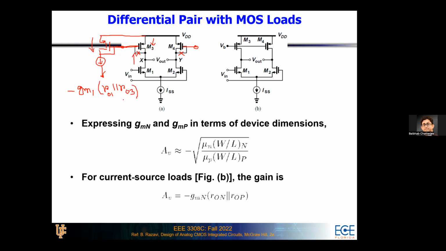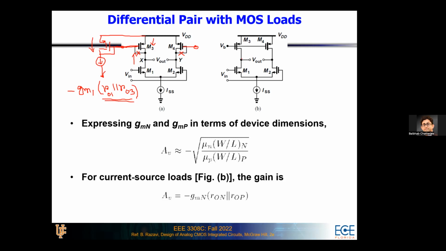So this RO1 in parallel with RO3, that's a much larger resistance than just 1 upon GM3. And that's why you can increase the gain of this particular differential circuit as you look into the drain of the current source load instead of having a diode connected load.